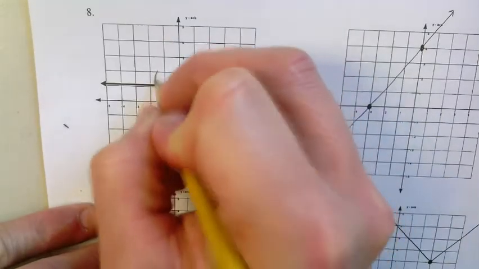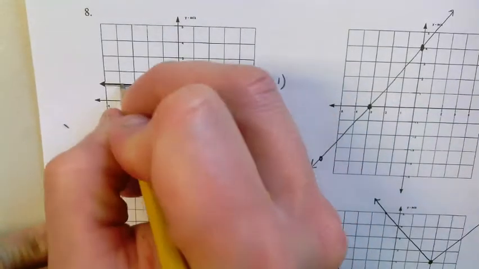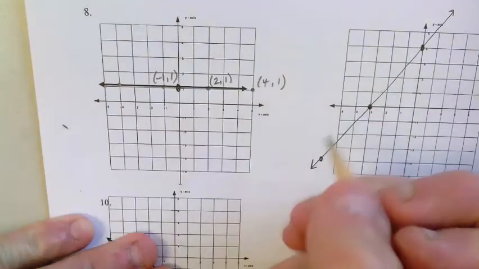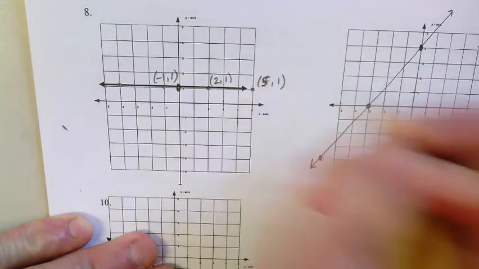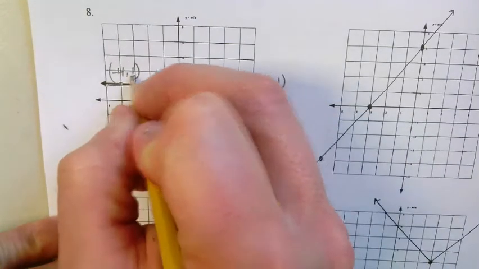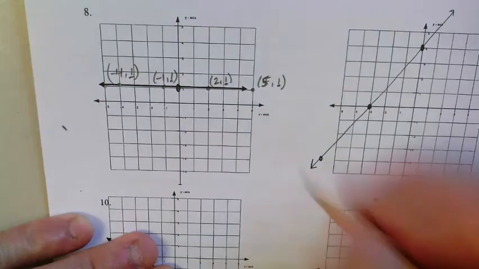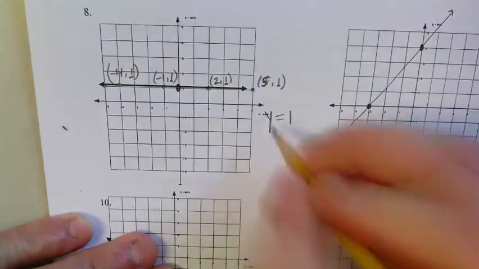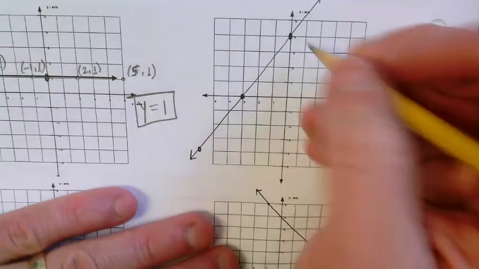This one is negative 1, 1. And this one is actually 5, 1, sorry. This is negative 4, 1. So what do you notice about each of these points in this graph? All the y values are 1, so I'm going to put down y equals 1. That's my equation right there. Again, you can check that in Desmos.